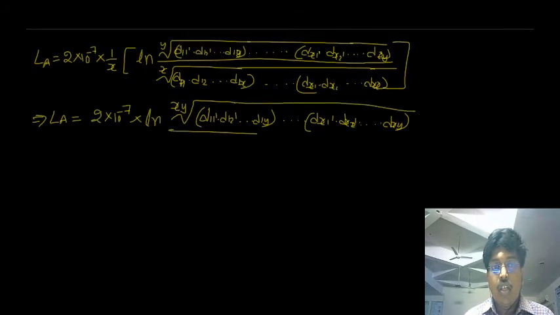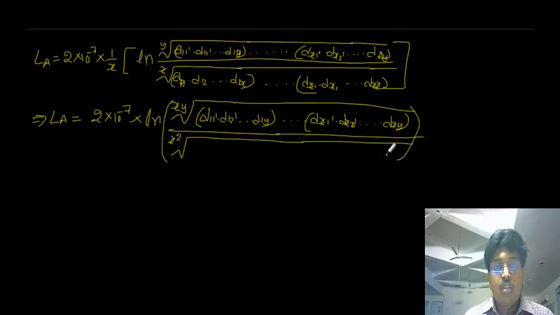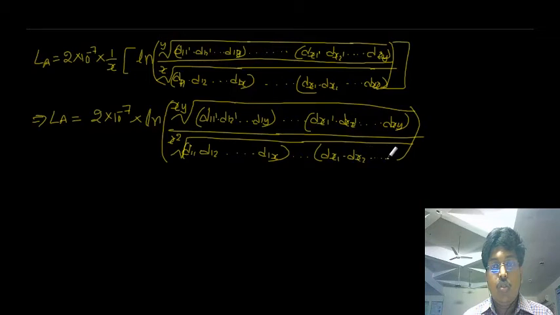Okay, the denominator: already x is there, again one more x root is there, so x square root of d11 into d12 into so on d1x, into dx1 into dx2 into so on dxx. Okay, so it will be taken as equation number 3.